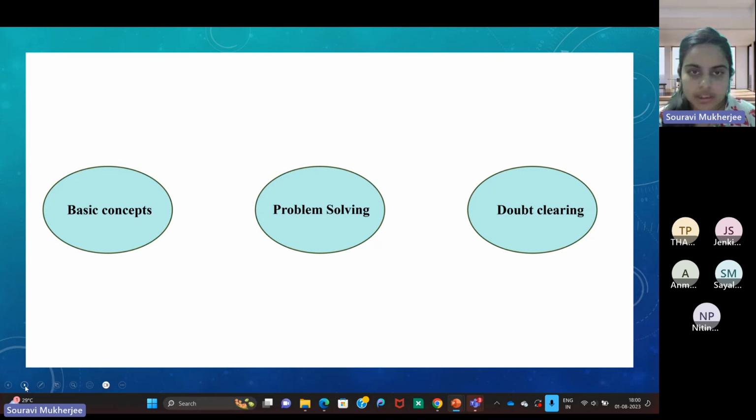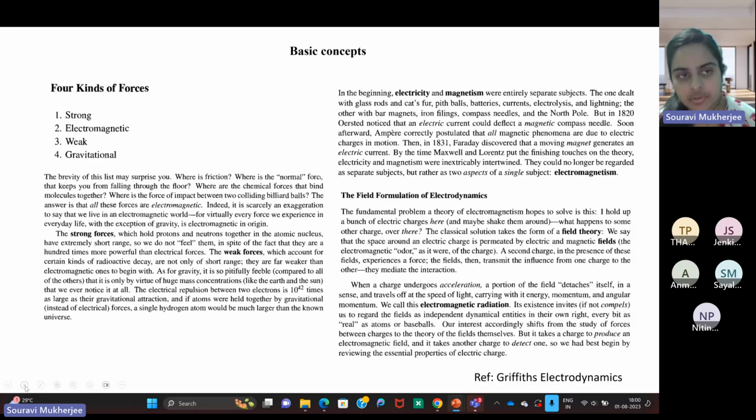Okay. So to start with, we know that in nature there are four main kinds of forces: the strong forces, the electromagnetic forces, the weak forces, and the gravitational forces. Why we are interested in particular in electromagnetic forces is because most of the forces that we see in our day-to-day life are actually electromagnetic.